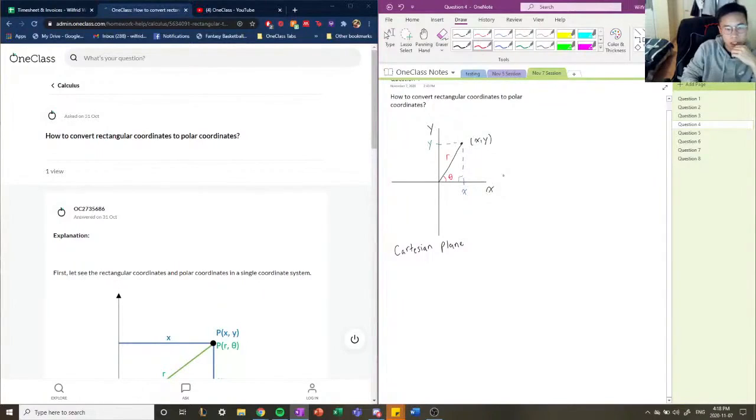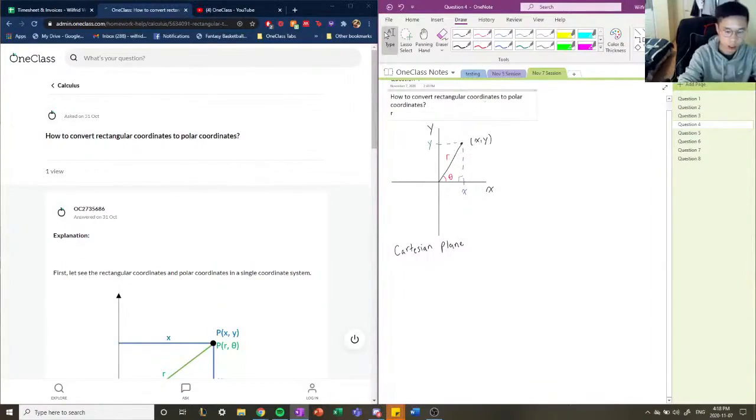So what it means to convert rectangular coordinates to polar coordinates is we want to take our rectangular coordinates and transfer them to a different plane where the units for the x and y axis are instead r and theta. And the r, let me explain here.